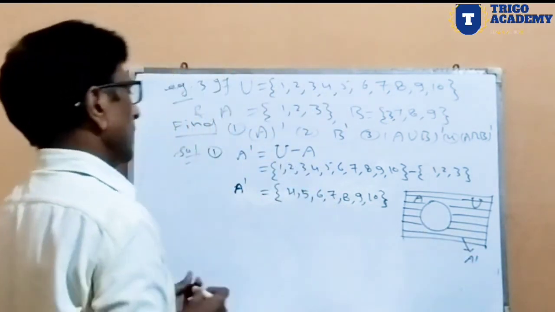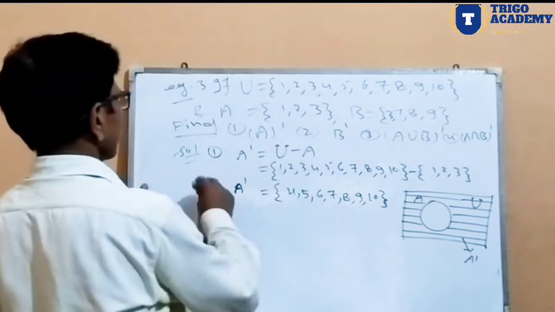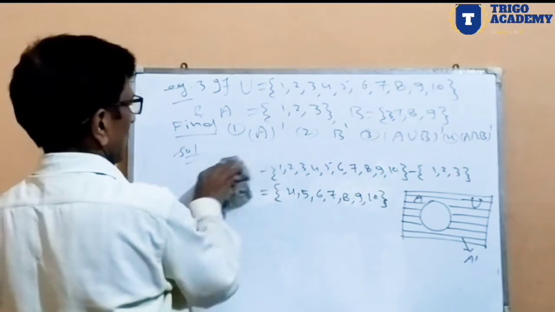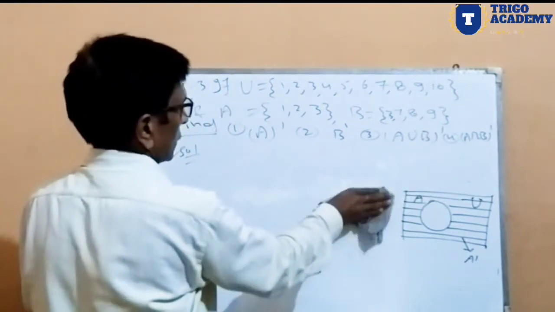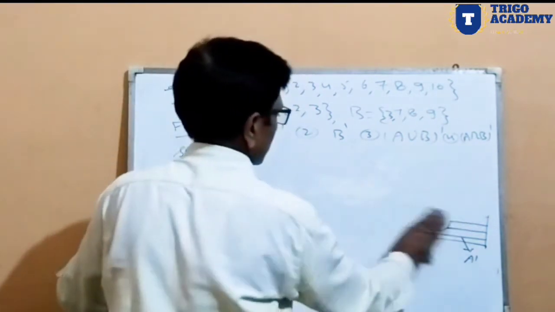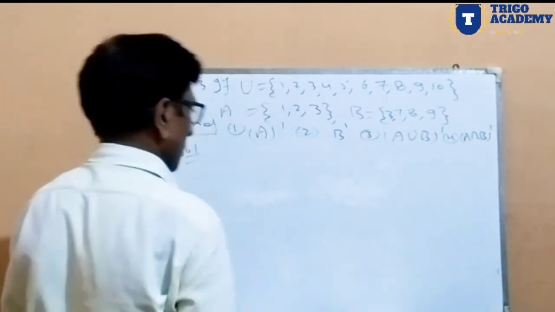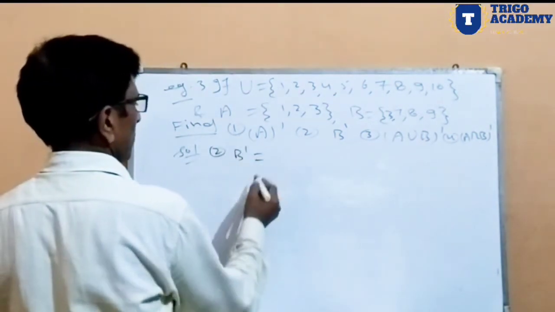Okay, it is clear. Now after that, the second part, B dash. We have to find B dash.